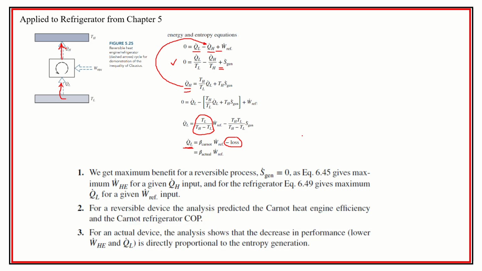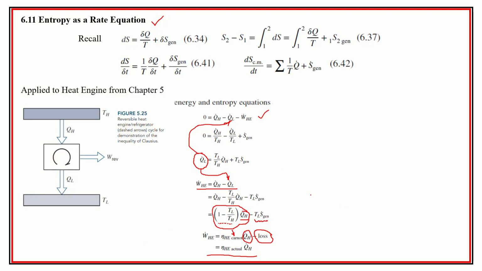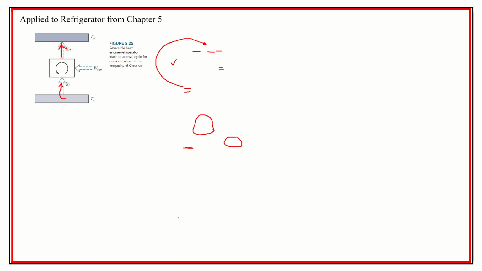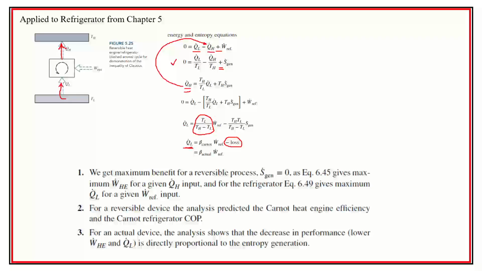For a reversible device, the analysis we just did up above is sort of a quasi-derivation. We ended up with the Carnot efficiency, right? And we ended up with the Carnot coefficient of performance.